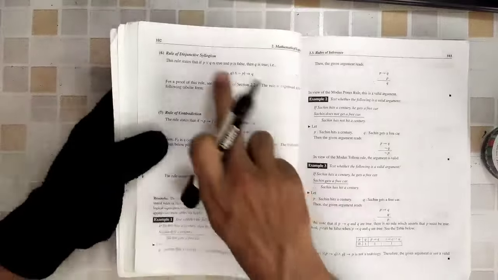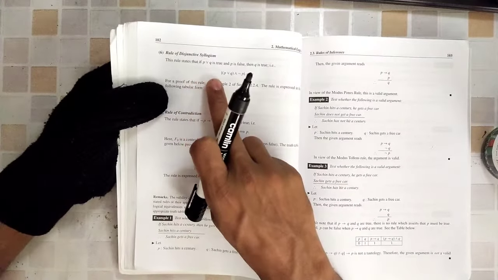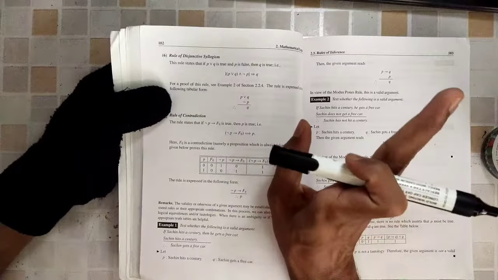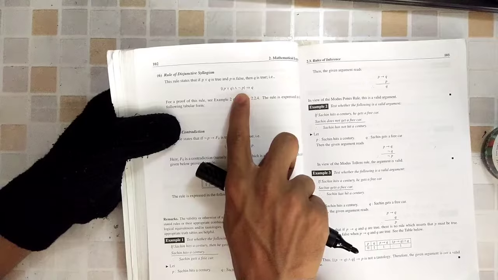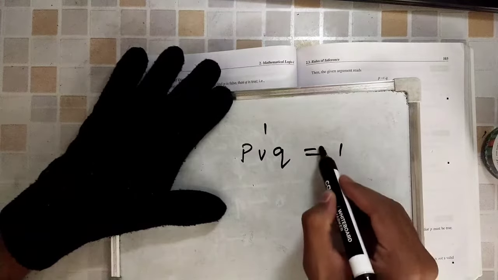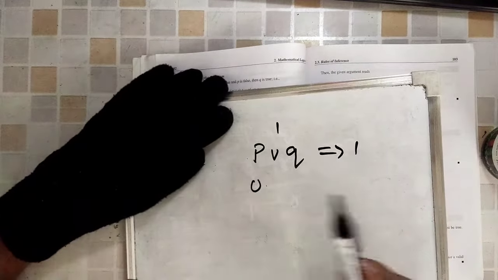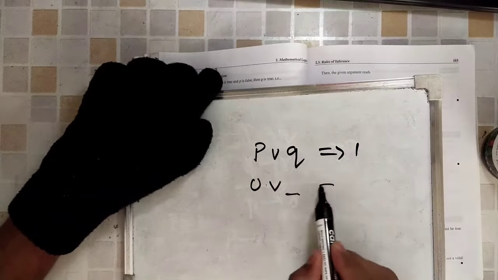Now going to the other rule, disjunctive syllogism. The rule states that if P or Q is true and P is false, then Q is true. So P or Q is true and P is false, so obviously Q is true. How this comes about is, P or Q is true, this gives us a true value, and P is 0. 0 or what gives us 1?